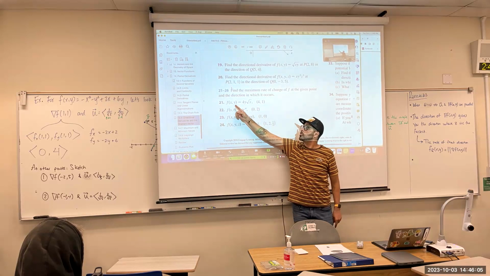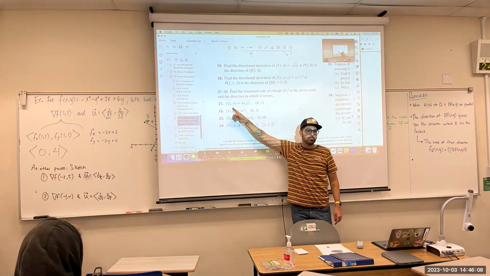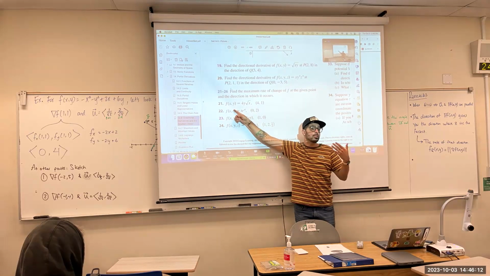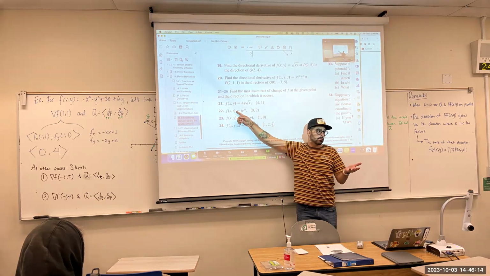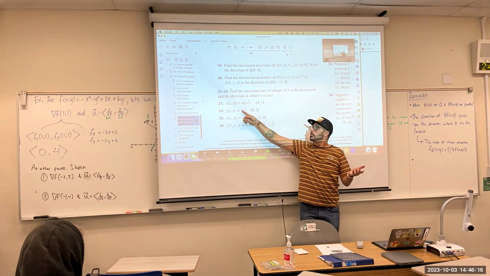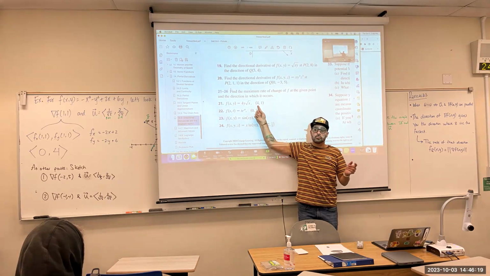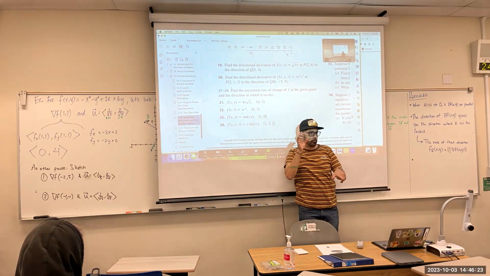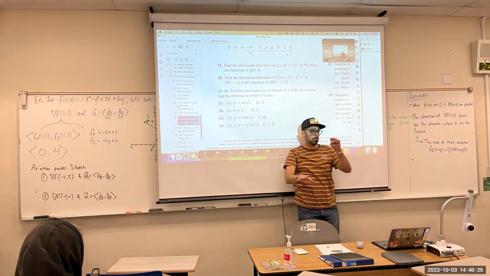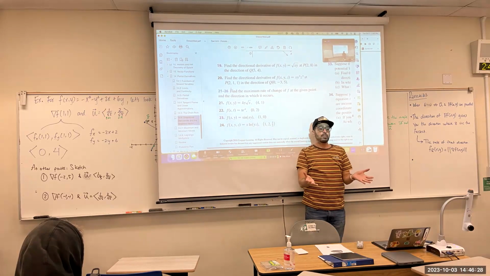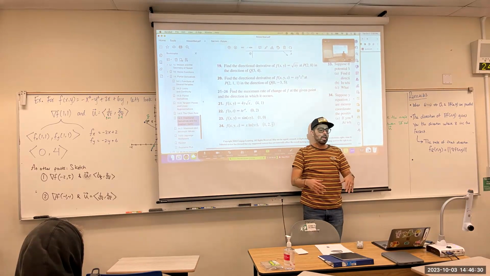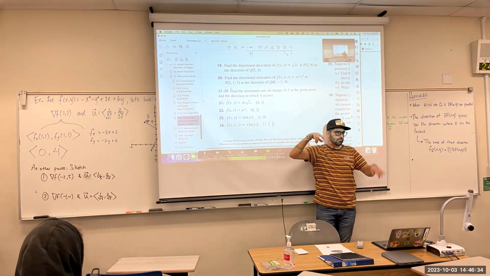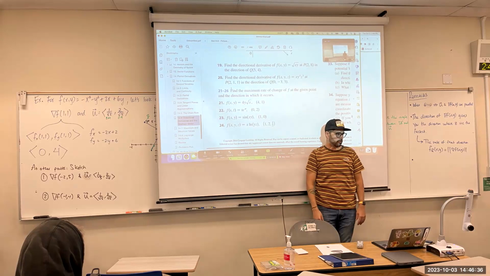Take the partials, f partial x and partial y, and then plug the point into the partials. That gives you your partial x at that point and your partial y at that point, and that is the gradient vector. And then how do you answer this question? What is the maximum rate of change? Take the magnitude of the gradient, and that answers the question.